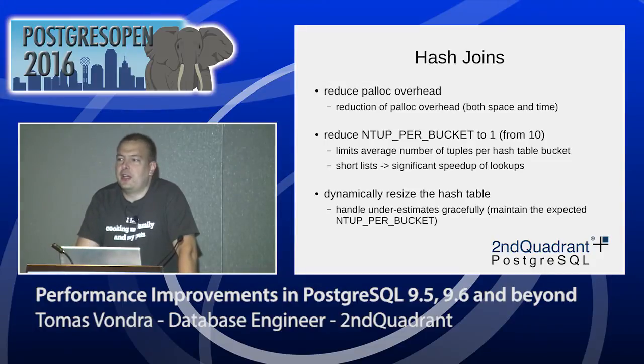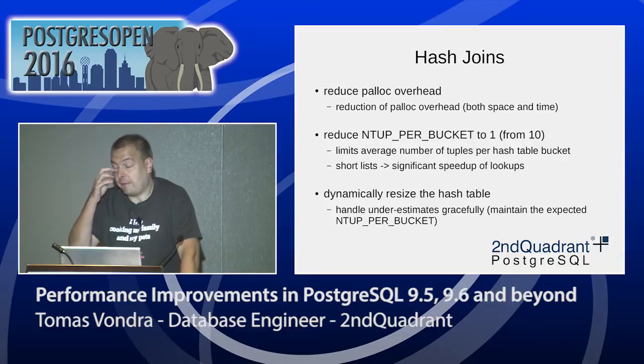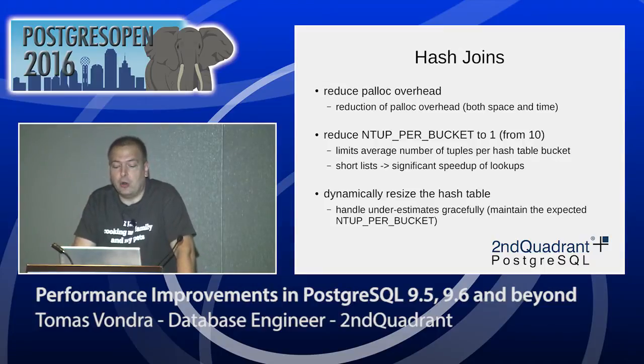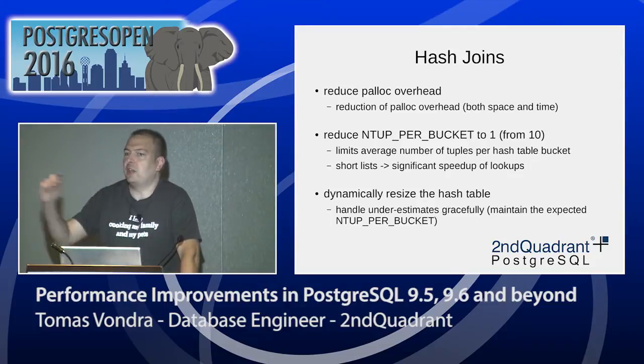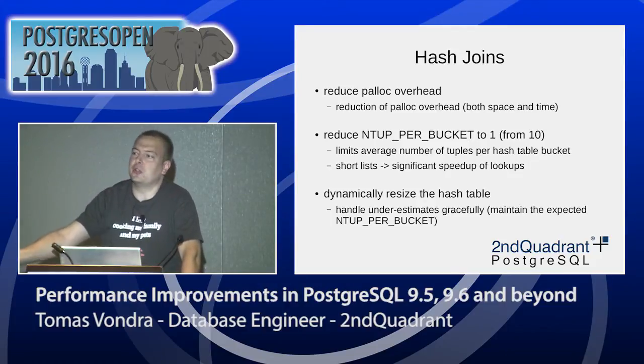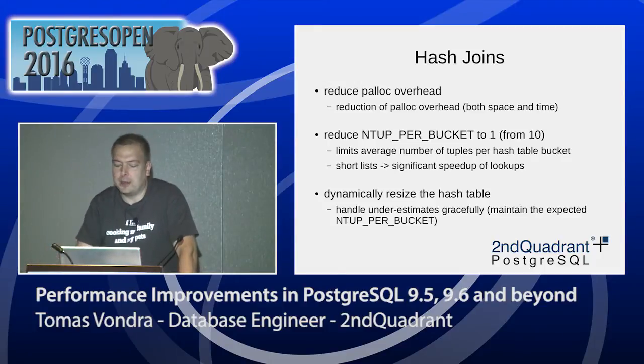Okay, so the next thing is hash joins. Again, we have managed to reduce the overhead with memory allocation, which is a problem we have had for a long time. But the other thing is, if you are familiar with hash tables, what we use for hash aggregation is a set of buckets, and each bucket contains a linked list of entries in the hash table, right?